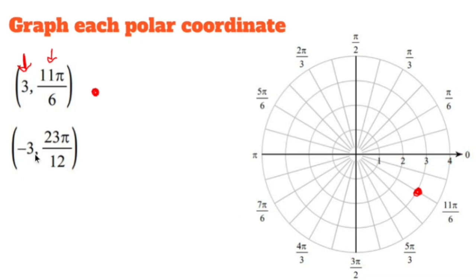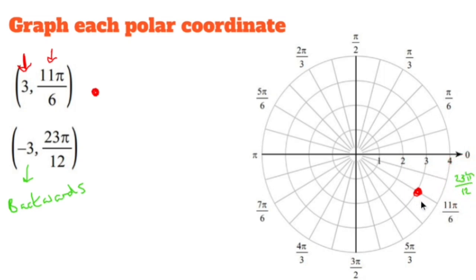Now, -3, kind of weird. You're like, you can't make something -3 away. Sure you can. That's just going to mean backwards. All right, so first let's find out where 23 pi over 12 is. Well, there's no 23 pi over 12 marked, but if you think logically, 23 pi over 12 would be right here.